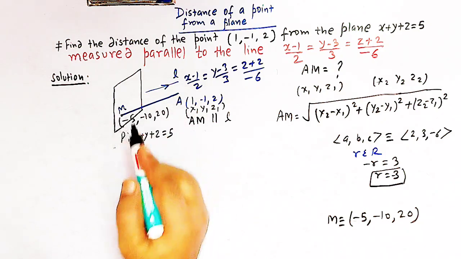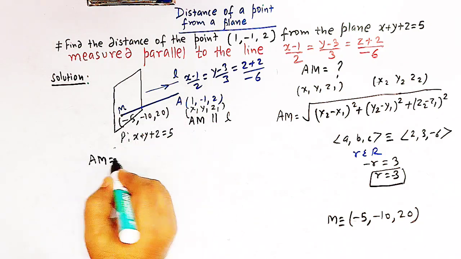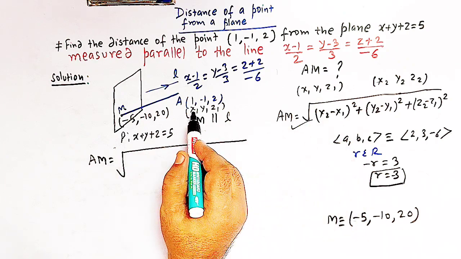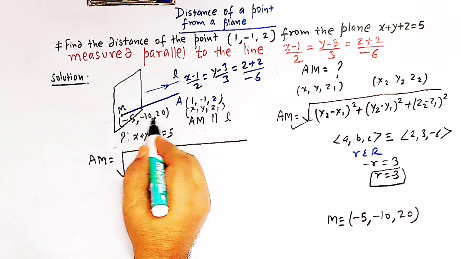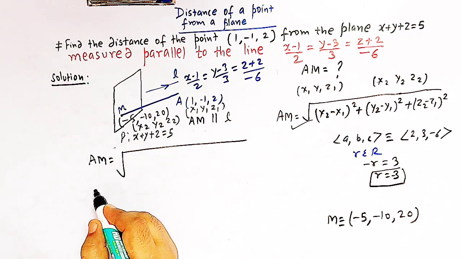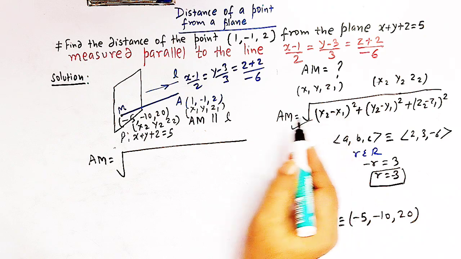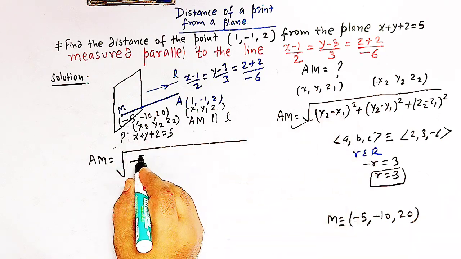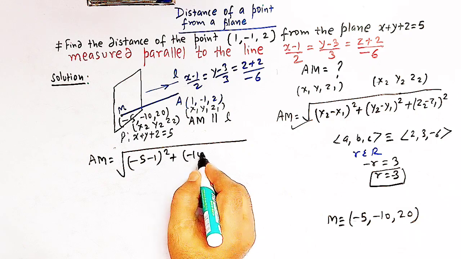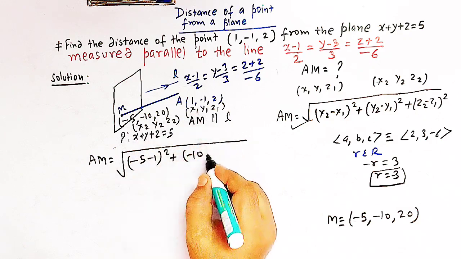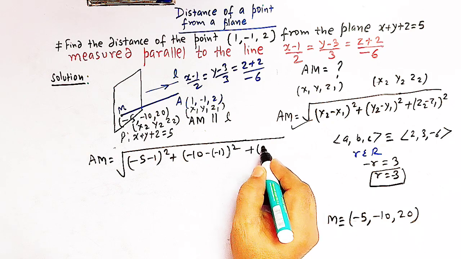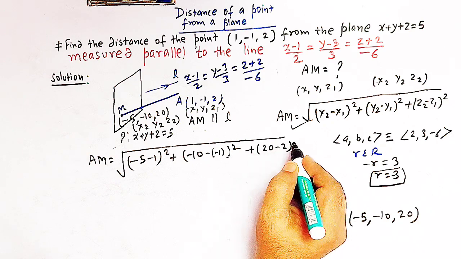Now this distance AM can be calculated from the distance formula. Here we have x1, y1, z1 and this coordinate may be taken as x2, y2, z2. So we have (x2 minus x1) square. So we have (minus 5 minus 1) square, then (minus 10 minus 1) square, and then (20 minus 2) square.